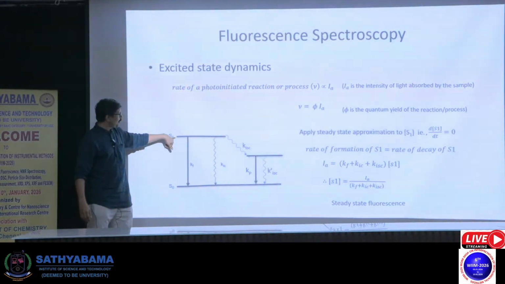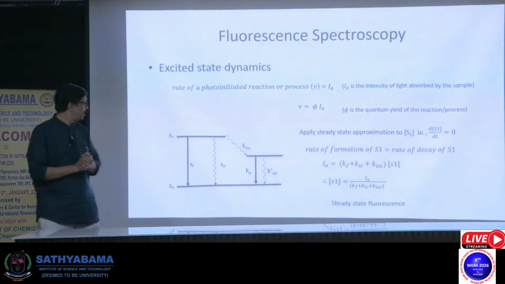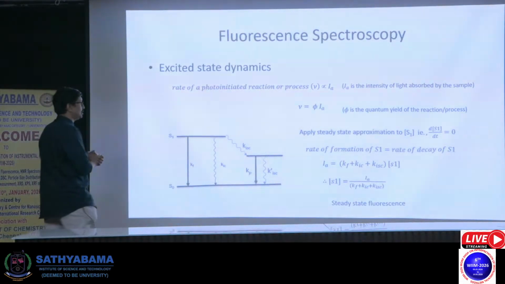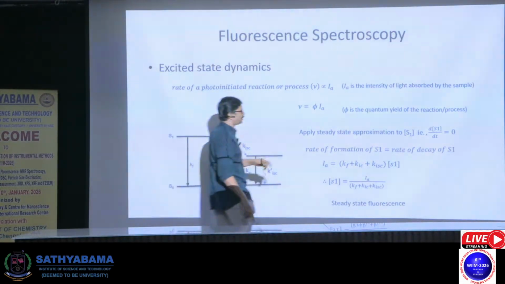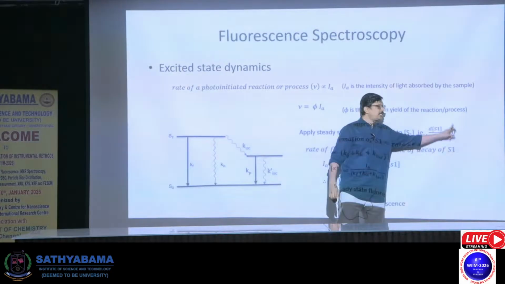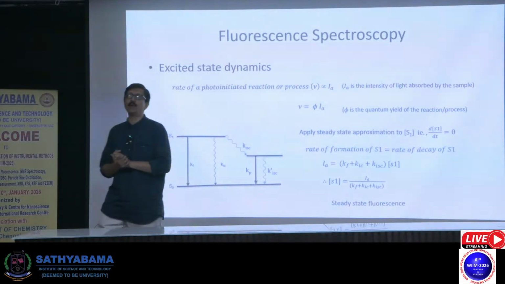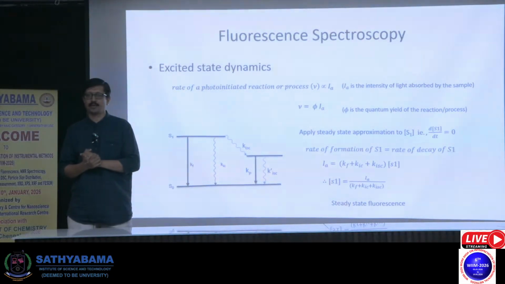And after some time, the concentration of S1 becomes steady. That is called steady state concentration, right? So under those conditions, what happens to the concentration of S1? It becomes steady. That means the rate of change of concentration of S1 becomes 0. dS/dt is equal to 0.